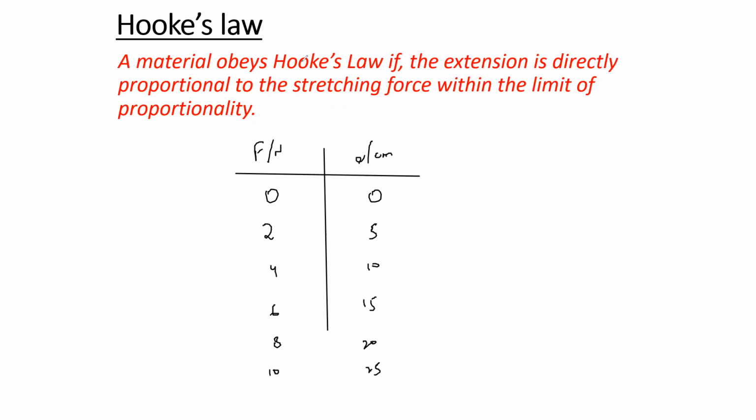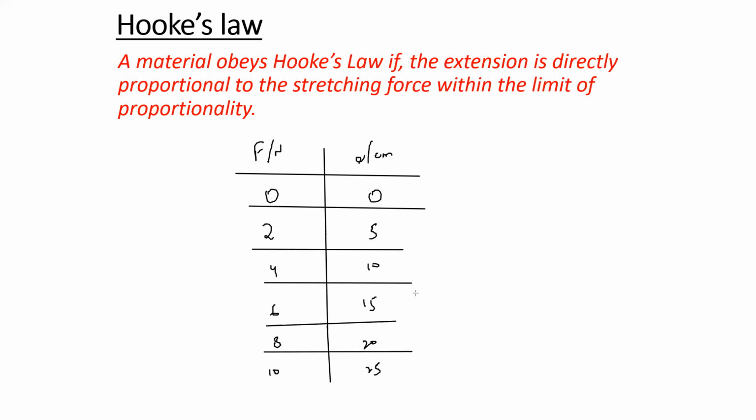Okay. Using the data, can you identify whether this spring is obeying Hooke's law? Yes or no? And it's not like you check only one value, you have to check all the values. Does this spring obey Hooke's law?